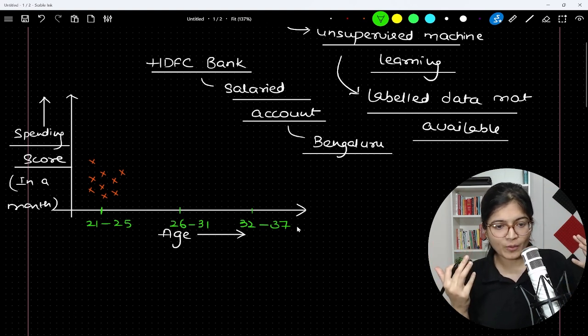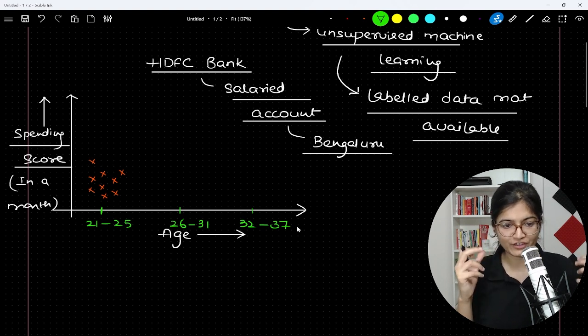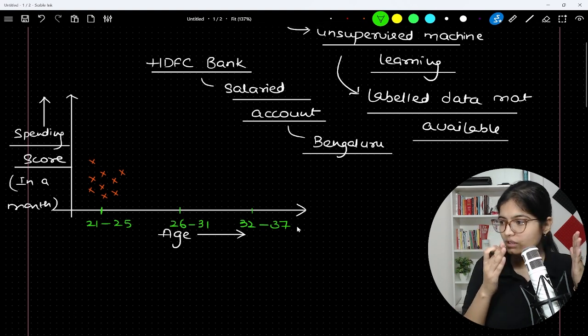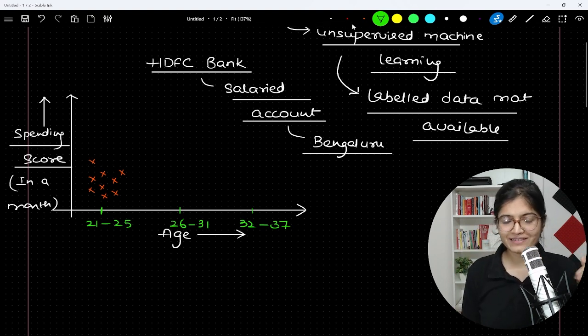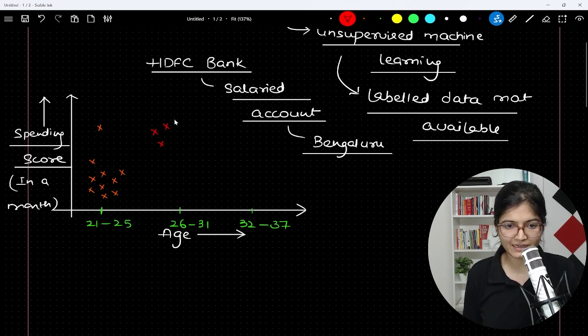Now, what I have observed is that the people who lie in the 21 to 25 range will be having a low spending score, and as the age increases, there are a few outliers as well in this data, but still as the age increases, people belong to this kind of category.